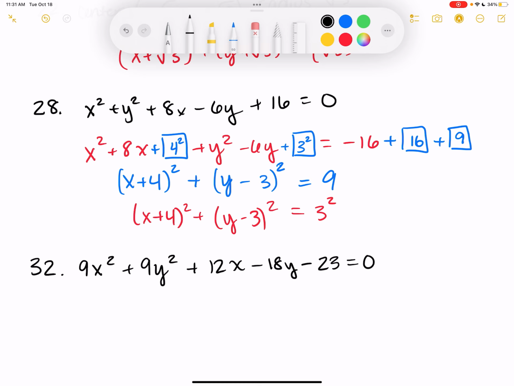Half the b term squared. Shoot, there are some big numbers. I need a calculator. You know what? We're just taking away all bets we made. This is not good.